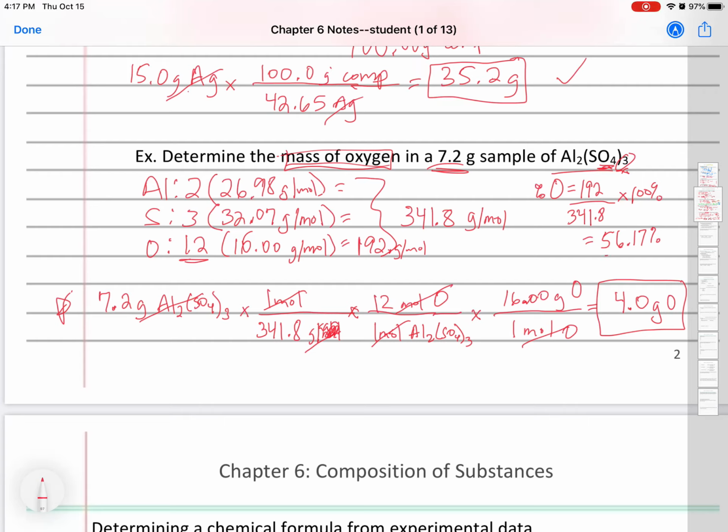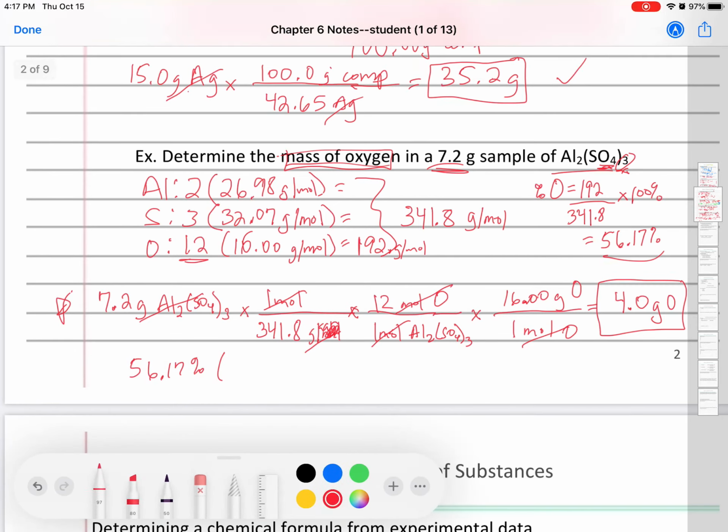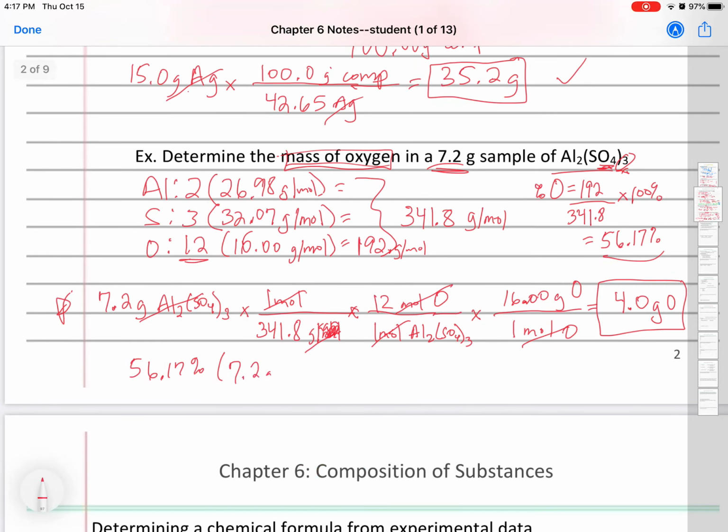All right, so then we could take this number and say 56.17% times our 7.2 gram sample equals what? That's going to be our mass of oxygen. So that would also equal 4.0 grams.